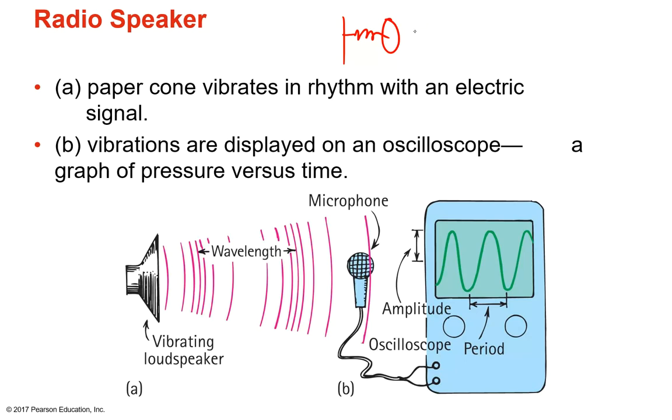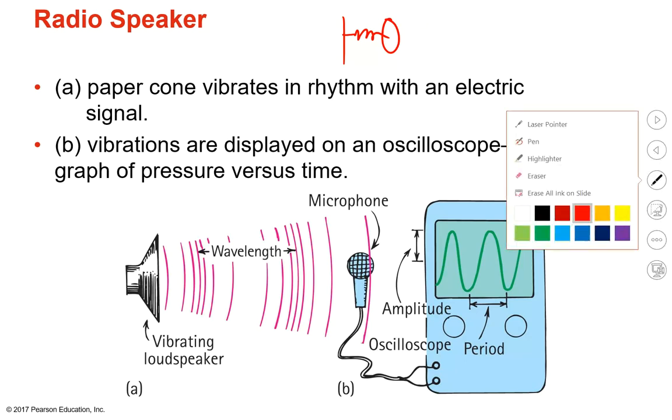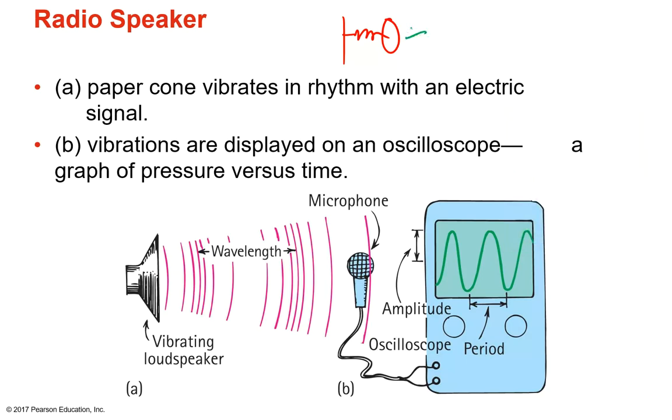And so when you have high pressure, the high pressure is going to cause that to move in, and when you have low pressure, the spring is going to push it back out. And so that little membrane in the microphone is moving in and out with the pressure of your sound wave. And then that motion is what is converted to an electrical signal.